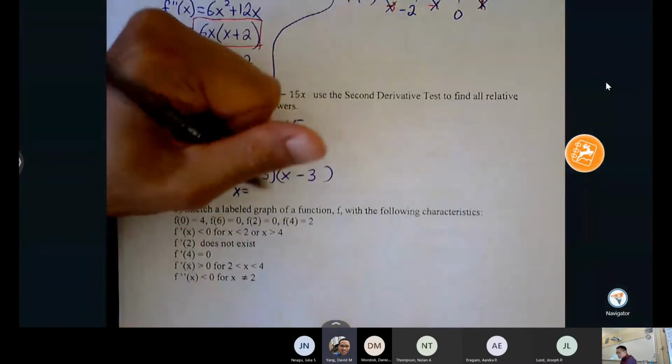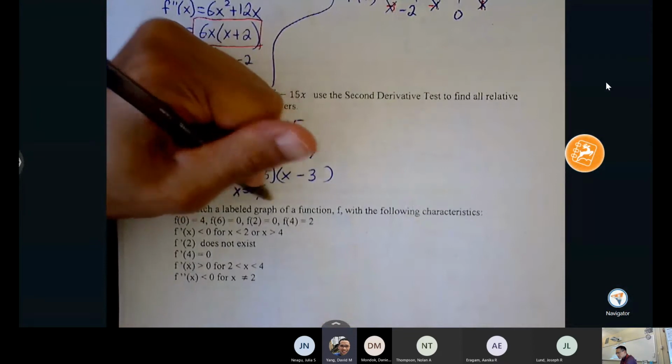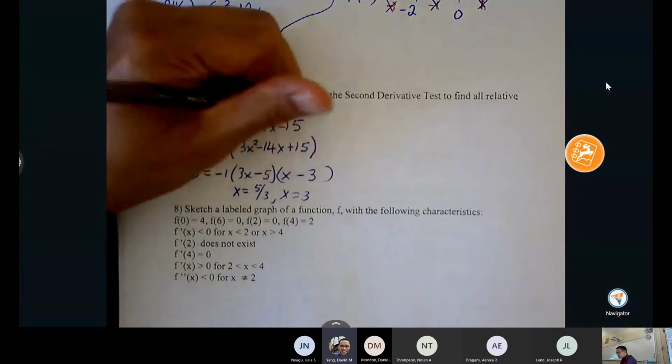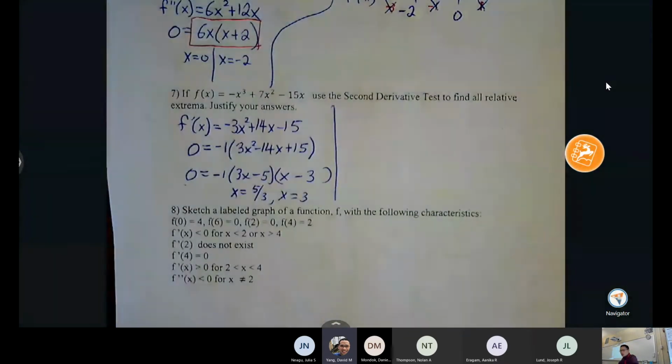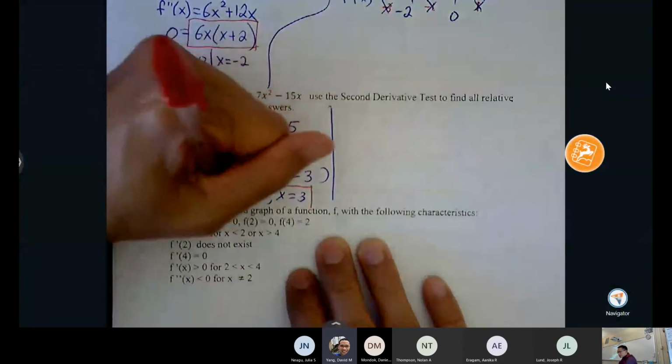Solve for x. We get 5/3 and 3. So these are the potential answers that we have.